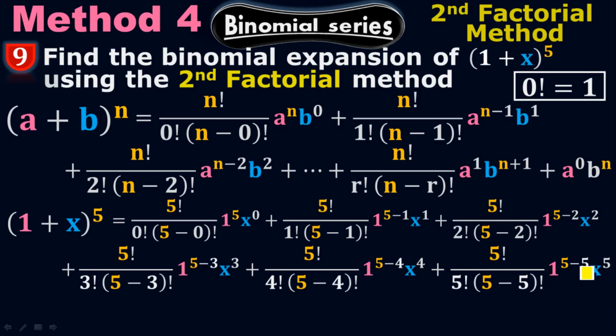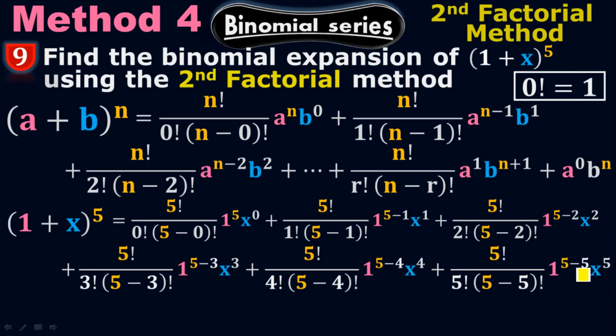So the time when you get 5 minus 5, which means that the power of 1 is 0 in this case, which is my a. So the time when you get the power 0 for the first term, you have to stop the process. This is the one indication.